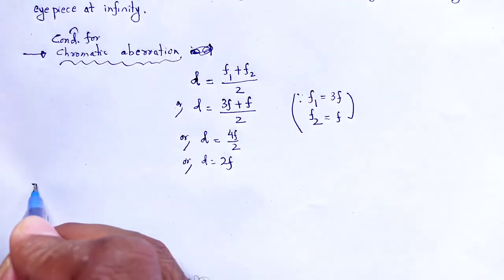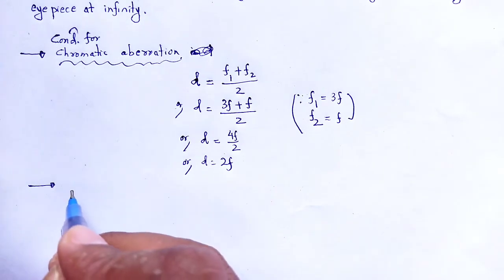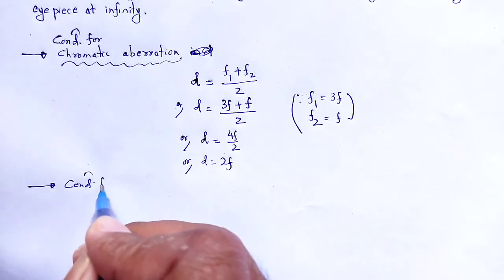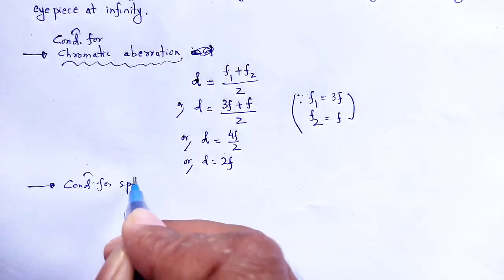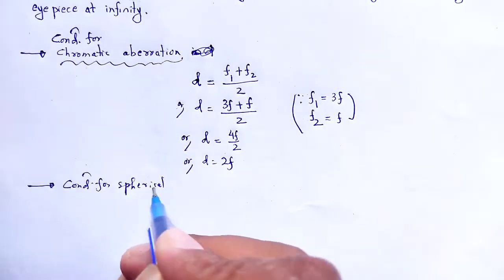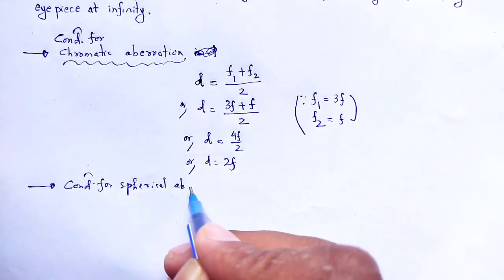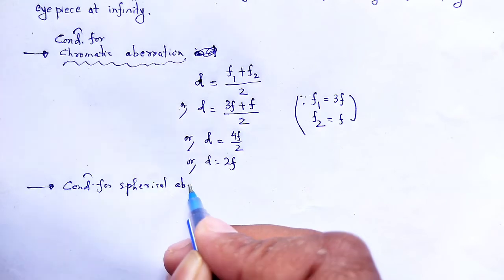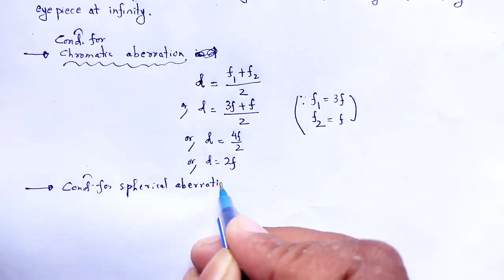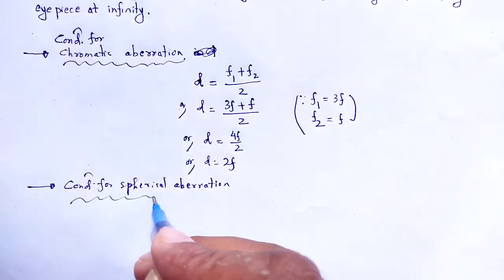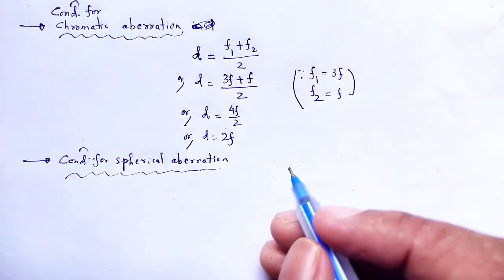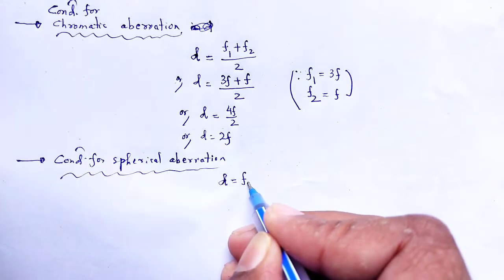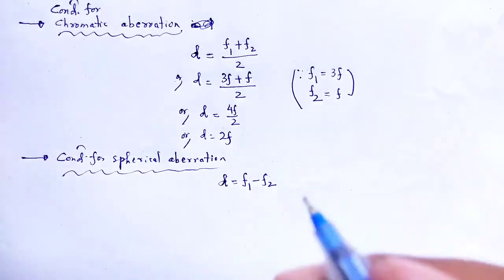Next, the condition for spherical aberration: the separation between these two lenses must be f1 minus f2.